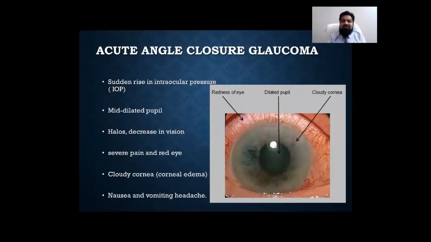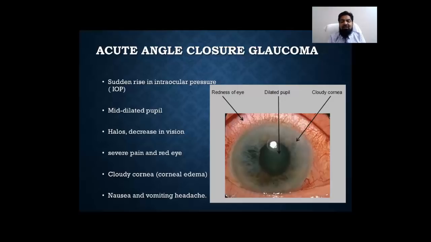Acute angle closure glaucoma is an emergency in the eye, and normally we don't have many emergencies. In this, the patient's intraocular pressure is more than 45-50, when the normal, as you know, is 21 millimeters of mercury.